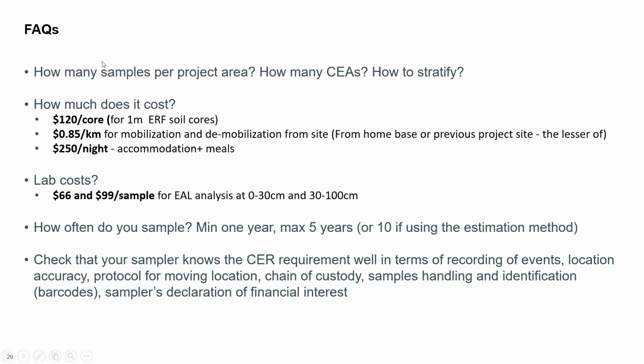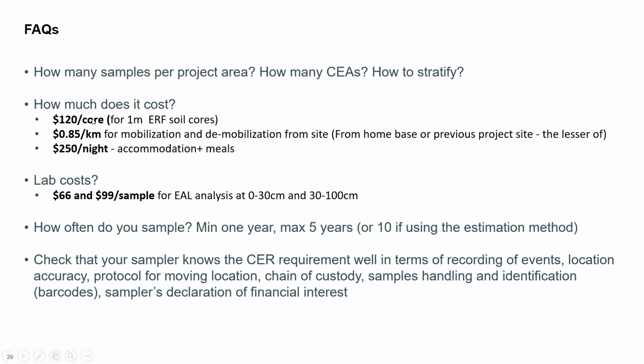Oh yes, sorry. That also depends on how much time it takes to do a core. A good sampler can usually do 20 cores a day if the ground is not too difficult. So it goes quickly. If you have a small CEA, say 100 hectares, it's done in a day, right?